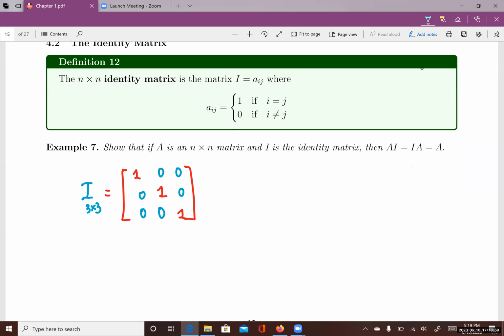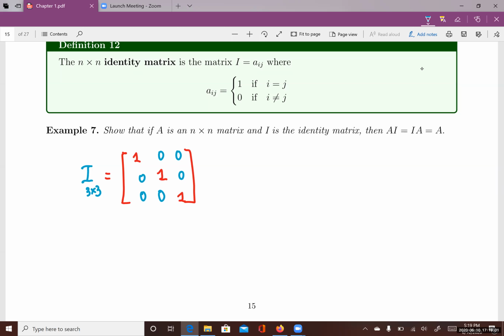Well, so this is an identity matrix, and then let's call a matrix A an arbitrary matrix. So I'm just going to say A11, A12, A13, A21, A22, A23, A31, A32, A33.